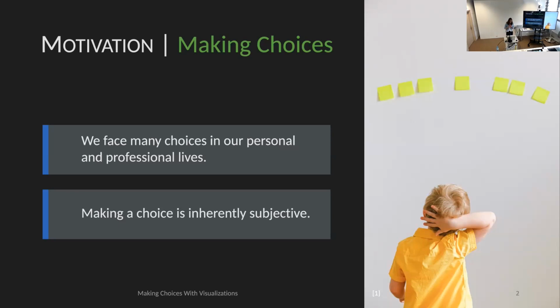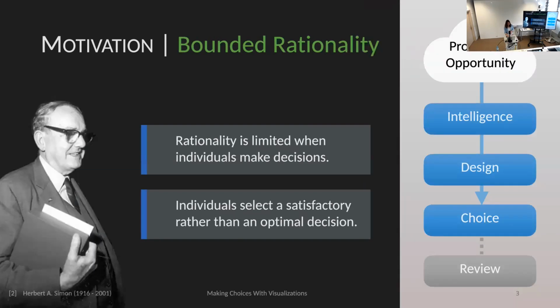What I find most interesting about choices is that they are inherently subjective. They can vary from person to person depending on their education, their goals, past experiences, and so on. A scientist who dedicated a lot of his life to investigating how we as humans form judgments and make decisions is this guy here.